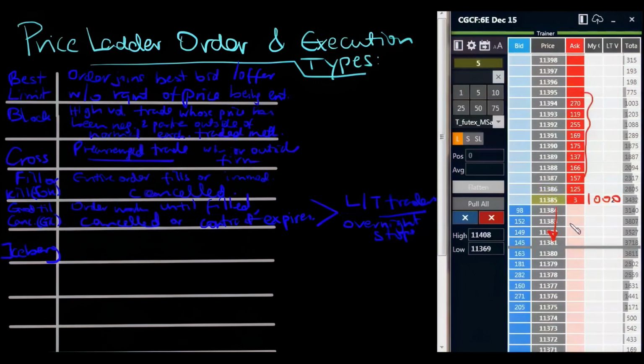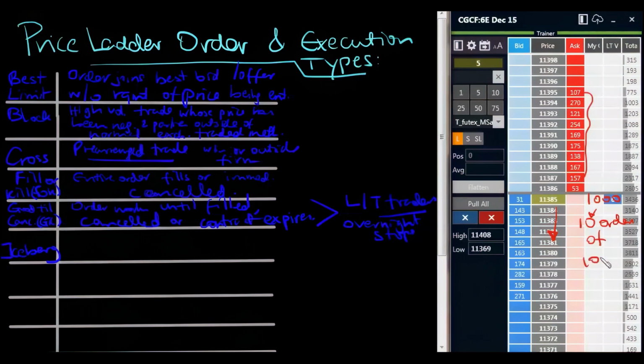And you don't want to show the market your hand. So what you might do is split your order into 10 orders of 100. So you've got 100 lots that appear on the offer. Once those 100 lots are filled here, another 100 lots appears.